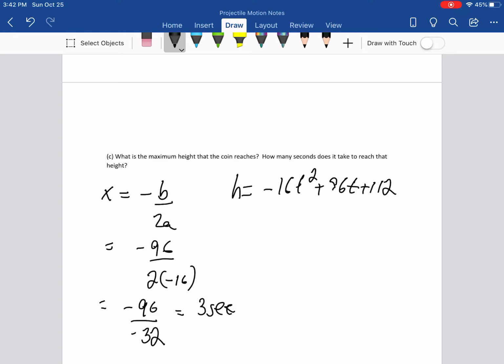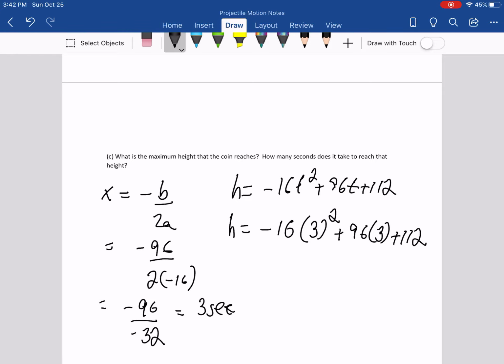Let's see what the maximum height is. So we're going to substitute t into the function. The height after 3 seconds is negative 16 times 3 squared plus 96 times 3 plus 112. So that is negative 16 times 9 plus 96 times 3 plus 112.